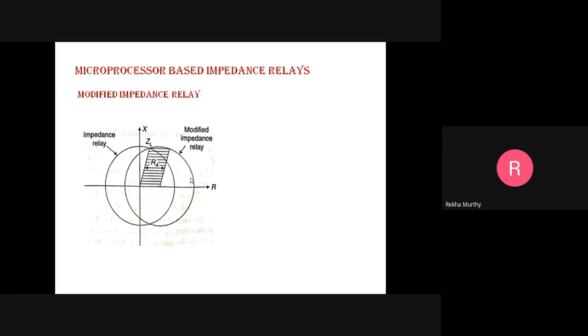The torque equation will then result in T equals K1 into I square minus K2 into V plus IR whole square. Therefore, the modified impedance relay will have a greater tolerance for fault resistance as compared to an impedance relay.